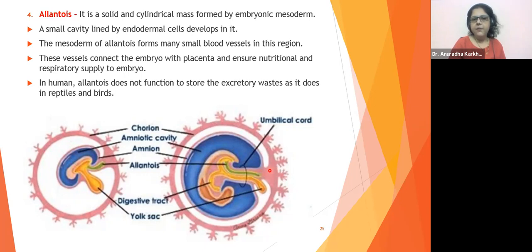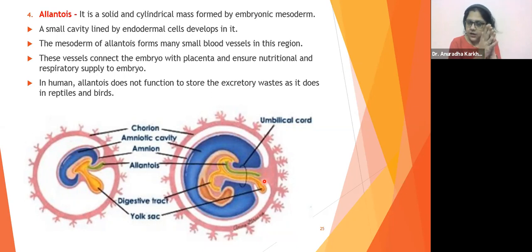Now, can you tell me, placenta is partially made up of the embryonal tissue, that is the chorion, and partially it will be made up of the endometrium tissue of the mother. So placenta is a tissue made up of the mother's endometrium and the fetus's chorion.